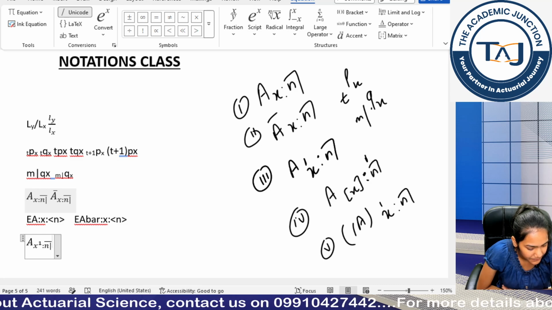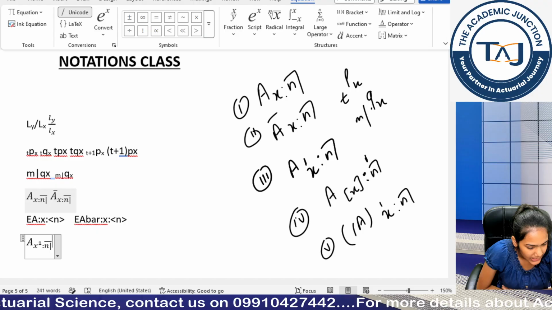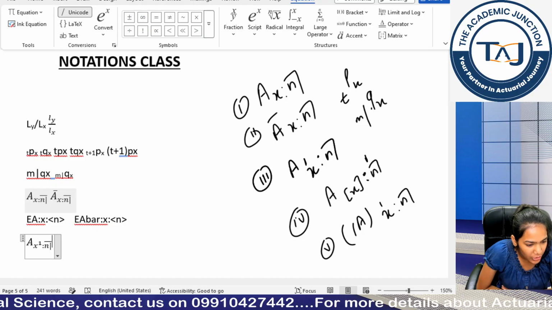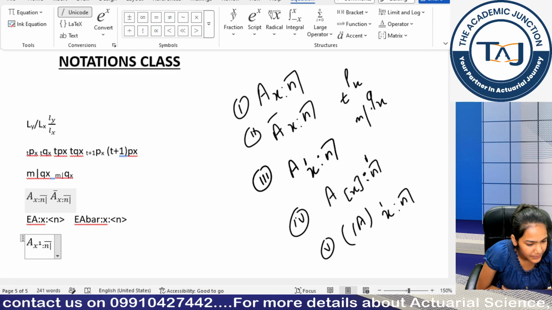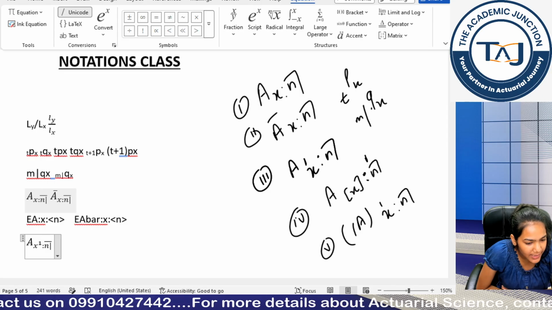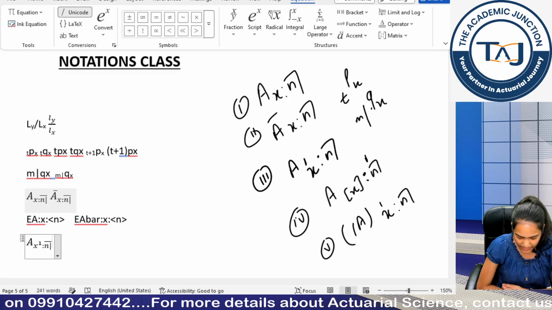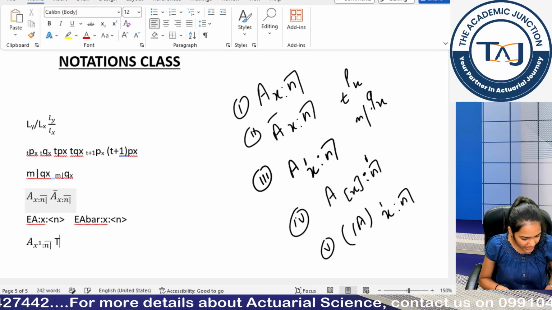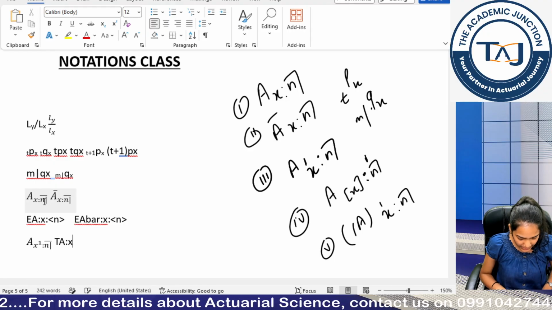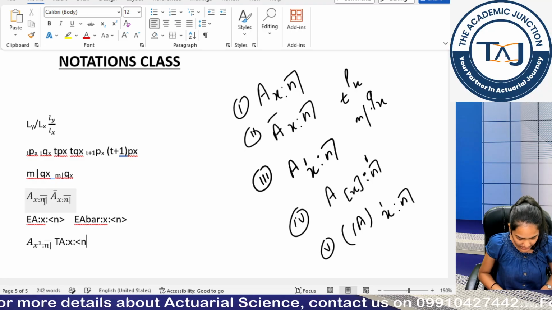Okay, this is how you show term assurance. This is the notation for term assurance, right? Yes or no? This is the notation for term assurance. So I can write this as TA of what life, X life, for how many years, N years.